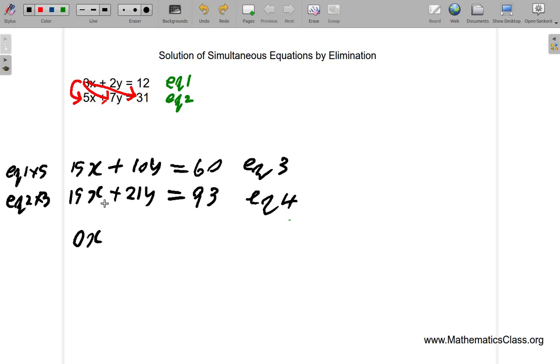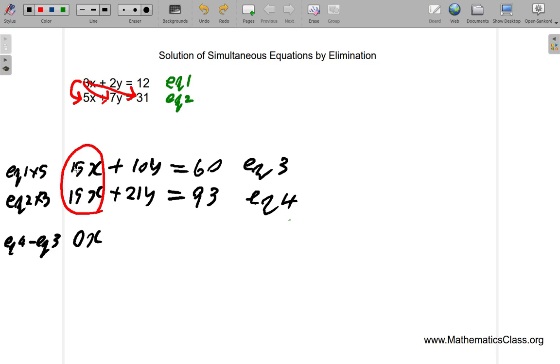Now we have this set up just like how we want it. Right here is going to be where we eliminate x. So equation 4 has bigger numbers. Let's say equation 4 minus equation 3.